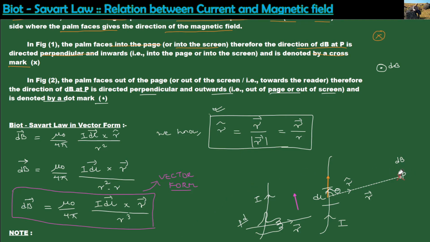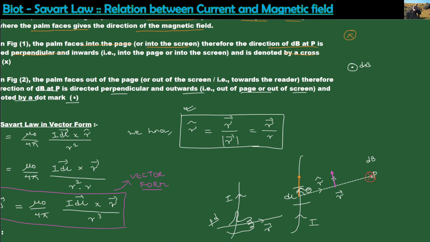Since it is perpendicular, we will take this vector and represent it over here at that point P. That is the direction of dB. This is the direction of dB, perpendicular and upwards.